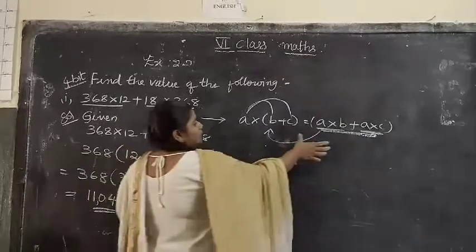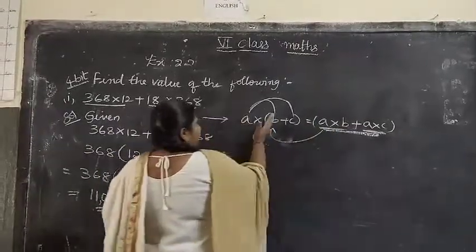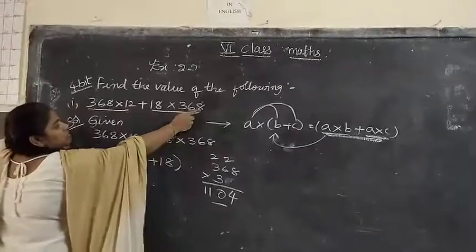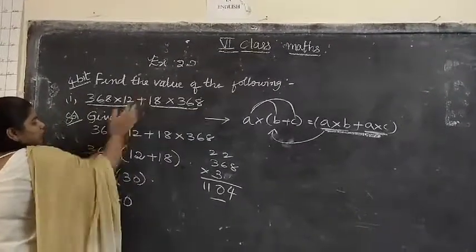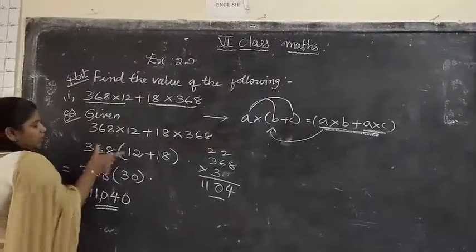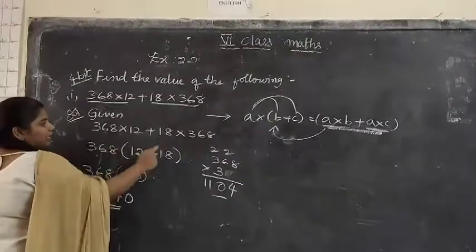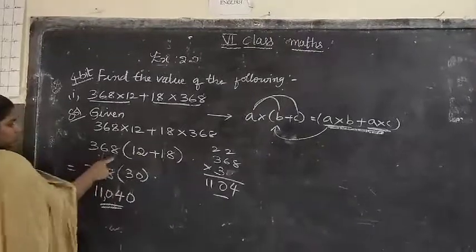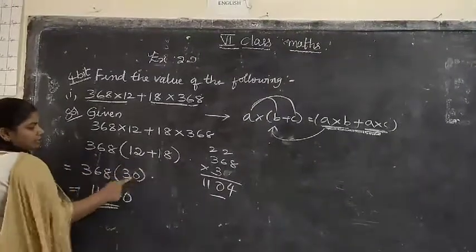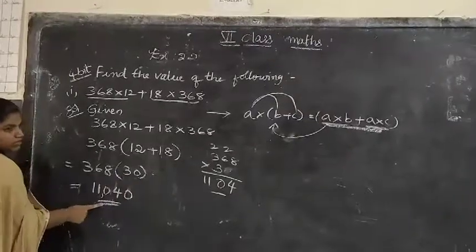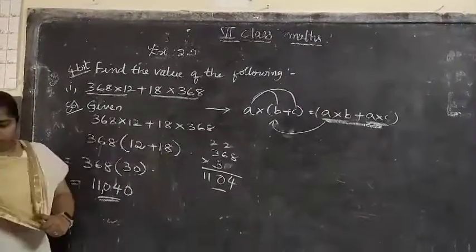In these two terms A is common, so they have taken A as common. So in these two terms which number is common? 368 is common in both the terms. So I am taking 368 as common. So remaining values you write in bracket. It is 12 plus 18. So 368 as it is. 12 plus 18 will be equal to 30. So 368 into 30 will be 11,040.